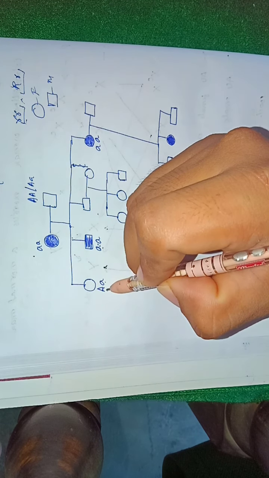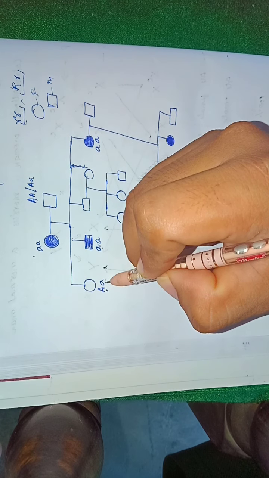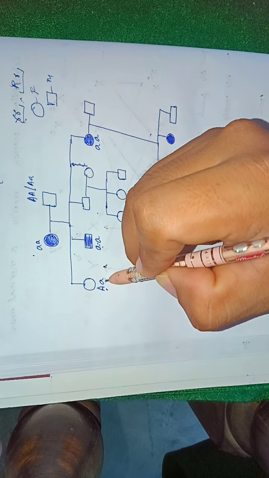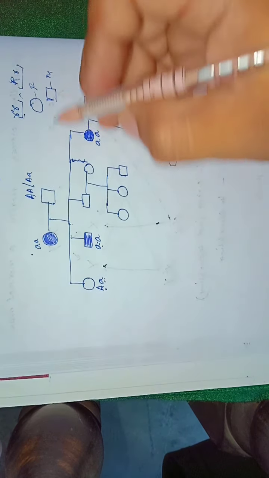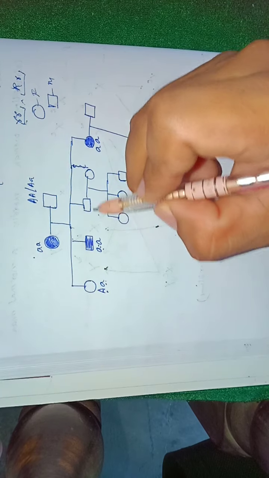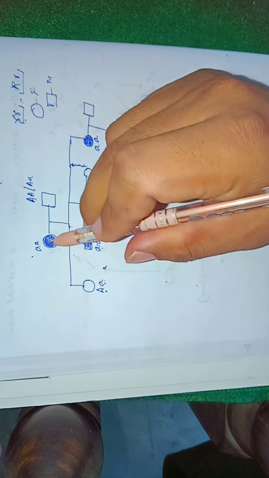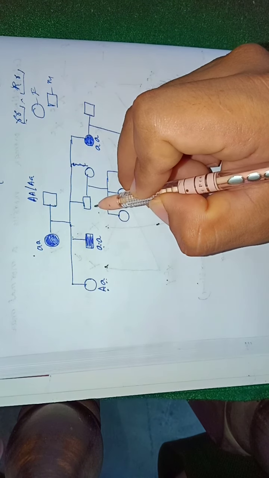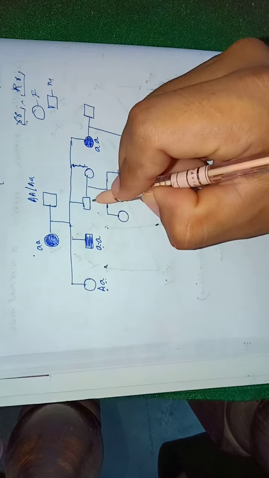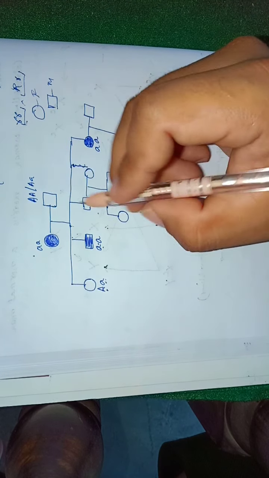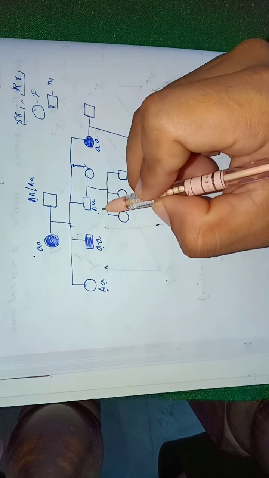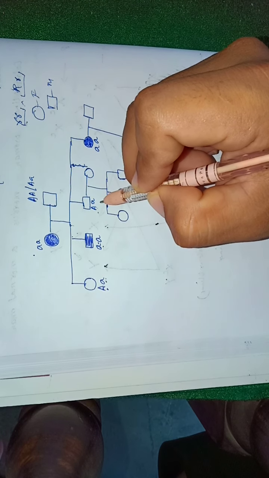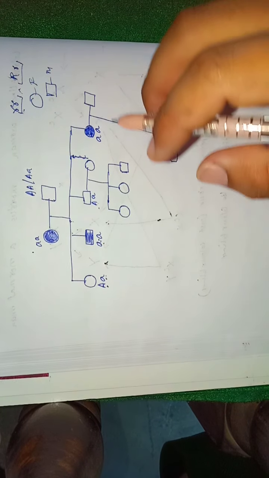So the dominant A from the father has masked, or dominated, the small a that is carrying the sickle cell disease. Here this is the child. So these are the four children arising from the marriage of the father and mother. This one is also normal. So one will come from the mother and the dominant A will come from the father. In this case also the big A has dominated the small a which is carrying the sickle cell disease.